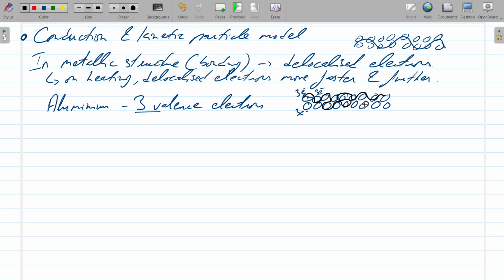Do you understand? So three from each, and you can imagine how many electrons there are. Because they're not sticking around in their orbits, they are moving about everywhere. That's why they're called delocalized.